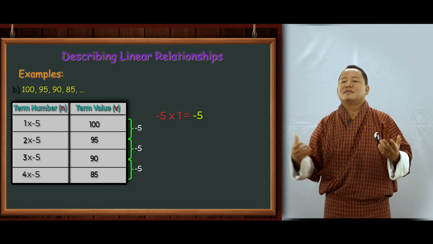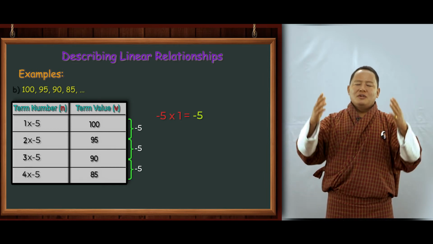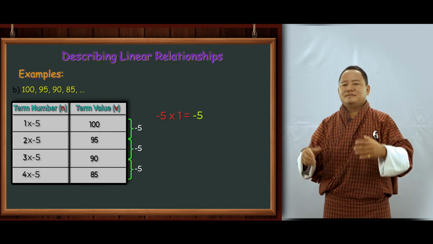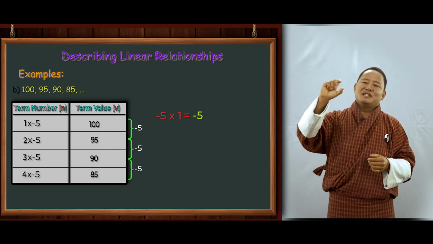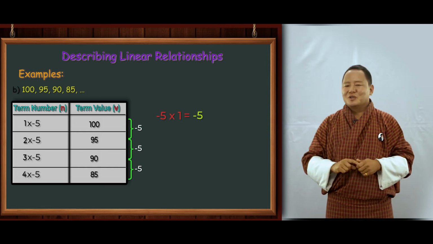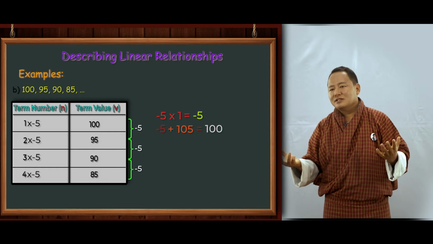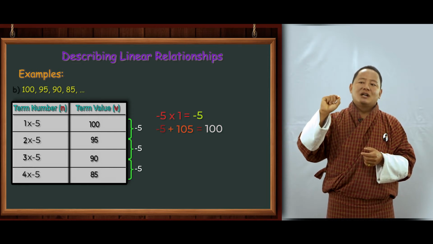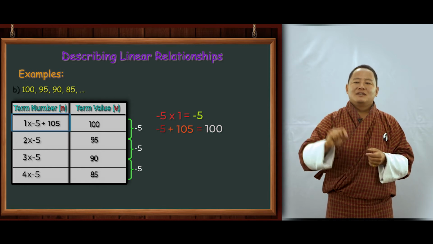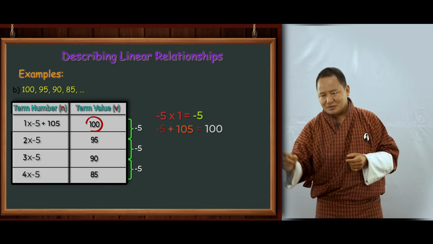But over there the term value is positive 100, right? So let's think of a positive number that makes the term value equal to 100. How about positive 105? If I insert 105 there, then negative 5 plus 105 gives us 100.